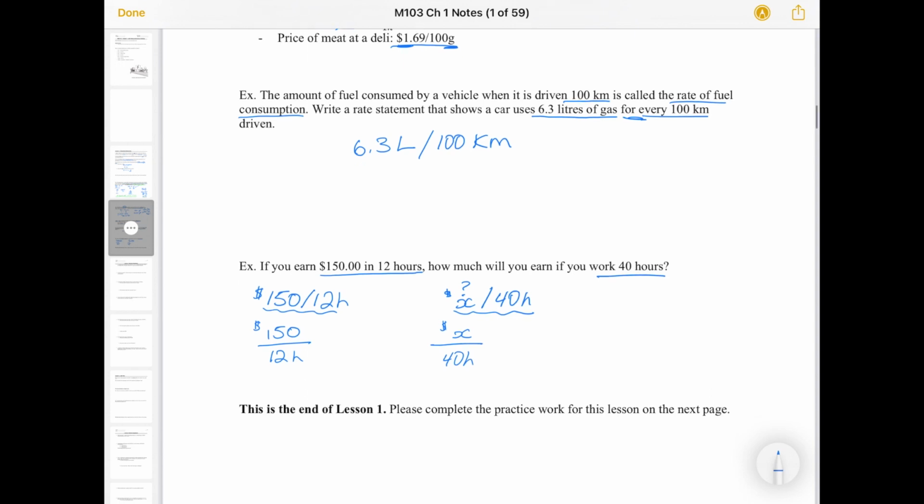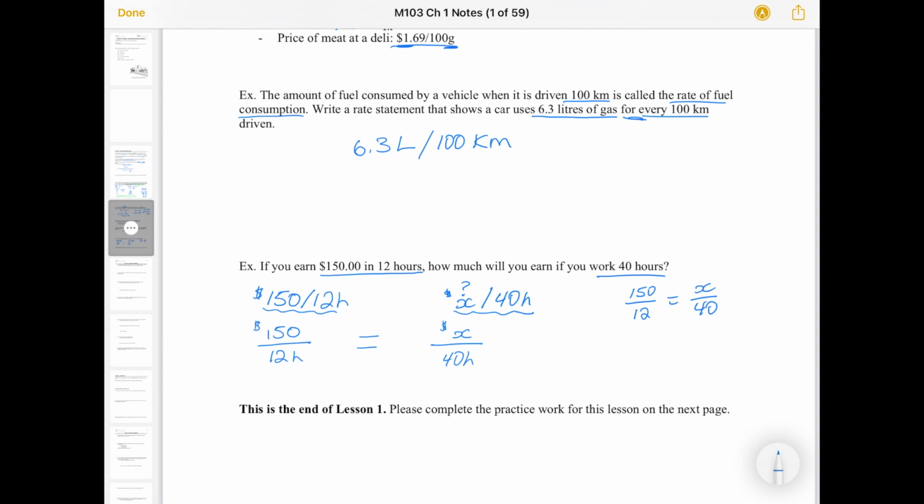And now assuming there is no bonuses right now, he hasn't gotten overtime yet, these should be equal. They should be equal statements. You should be making the same per hour. So I can solve this as my equivalent fractions. So I have 150 over 12 equals X over 40.